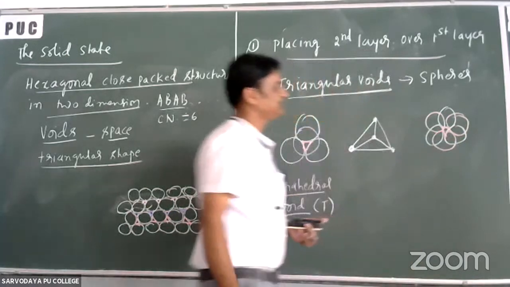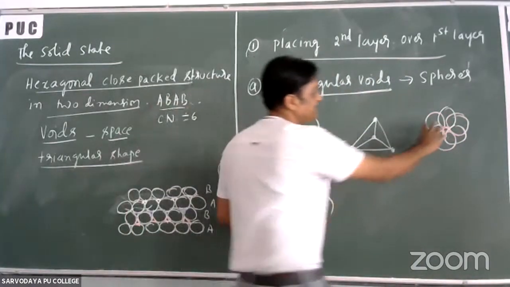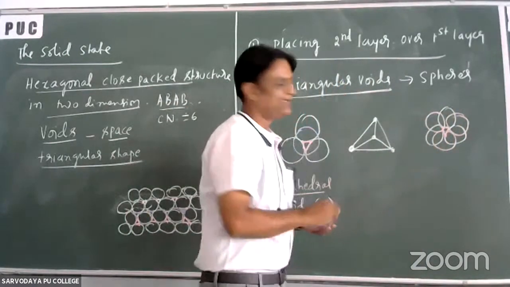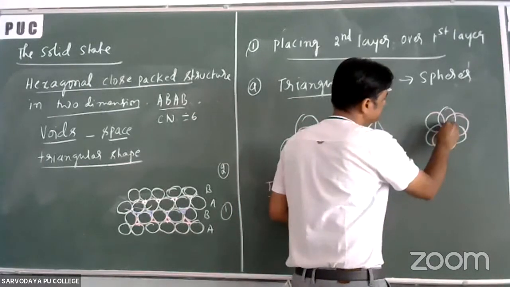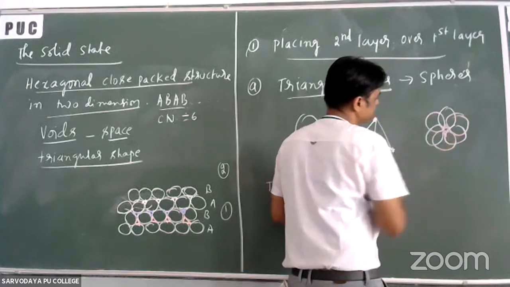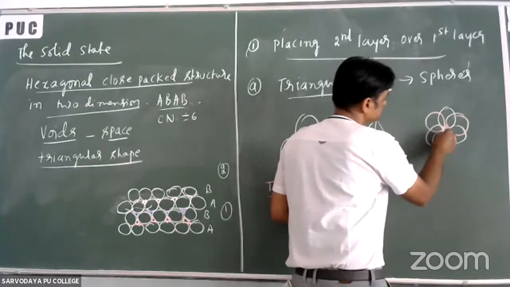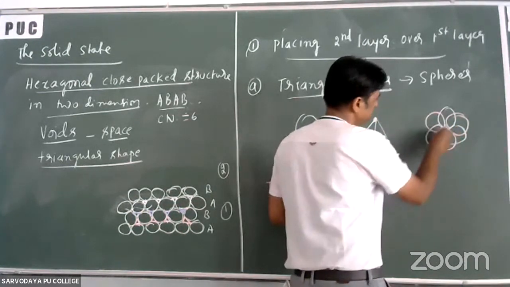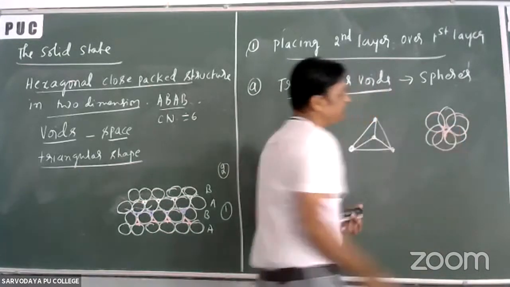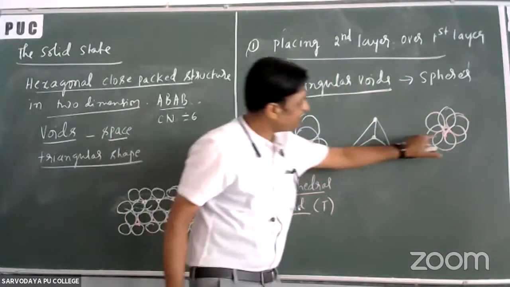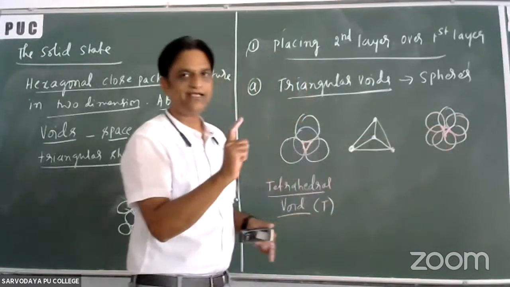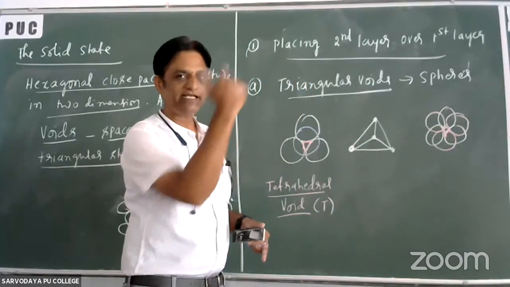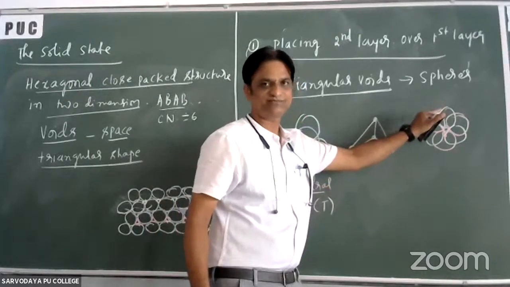Yes. See here, these are the spheres of the second layer. And here you can see, in case of the first layer, the triangular void apex is facing downwards. In case of the second layer, the triangular void apex is facing upwards.